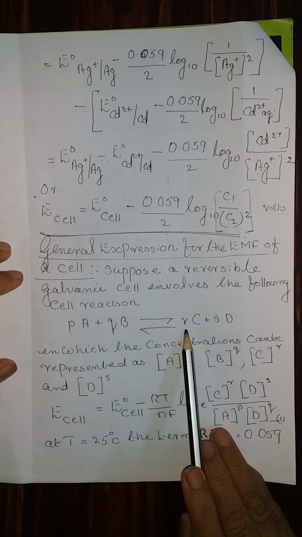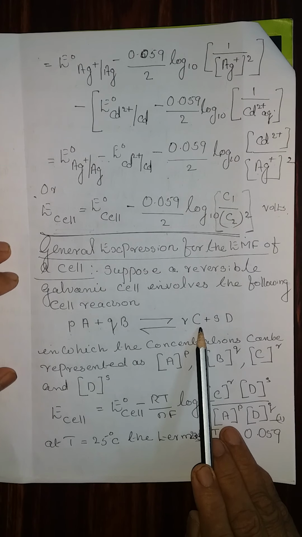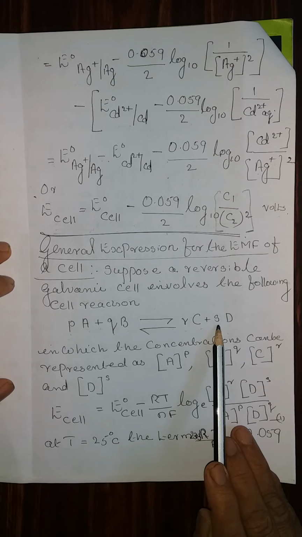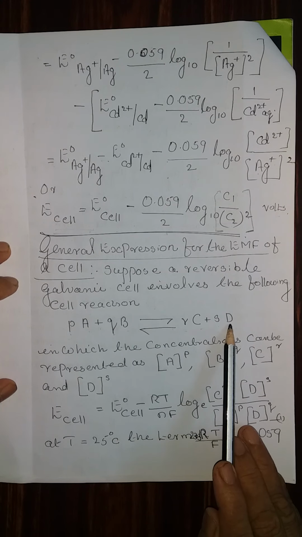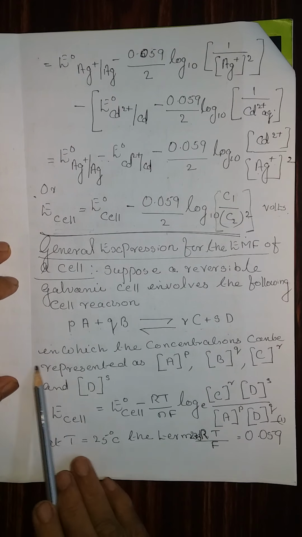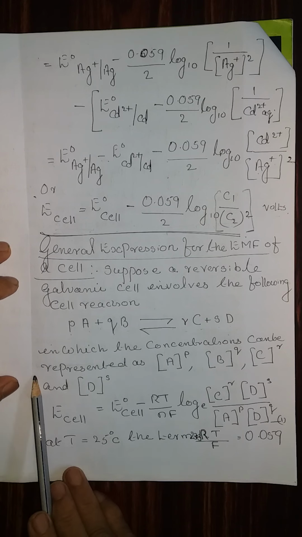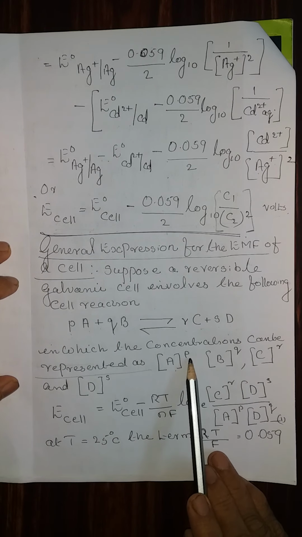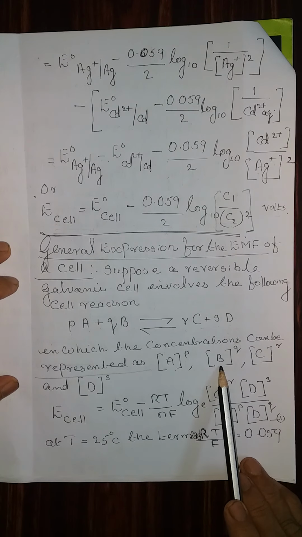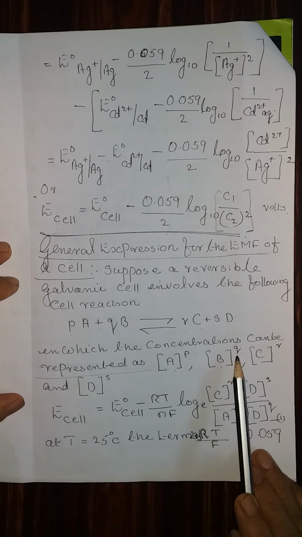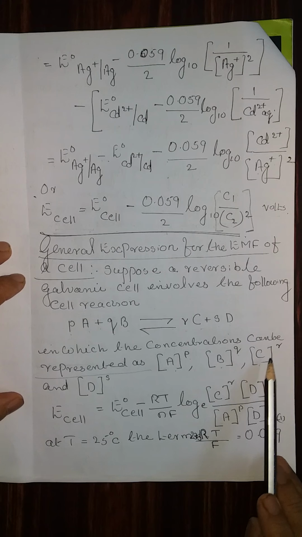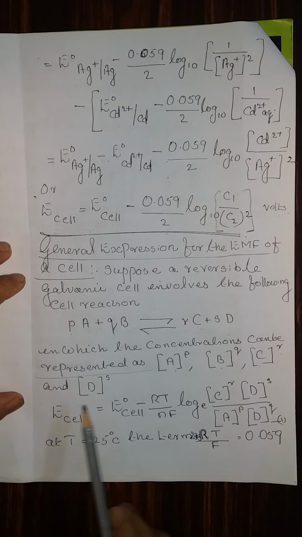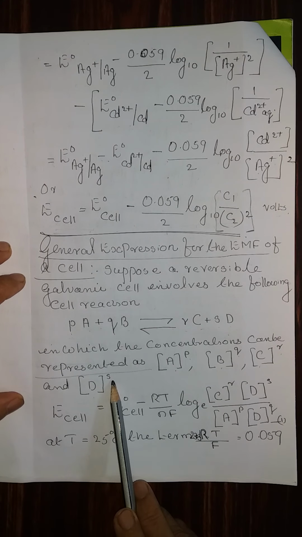R stoichiometric factor, C product, plus S stoichiometric factor, D another product, in which the concentrations can be represented as concentration of A raised to the power P, concentration of B raised to the power Q, concentration of C raised to the power R, and concentration of D raised to the power S.